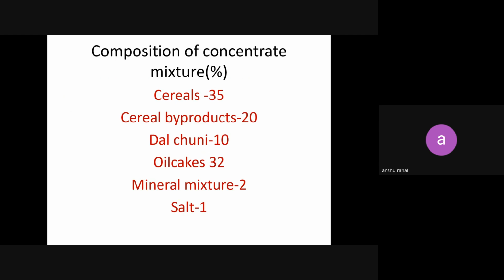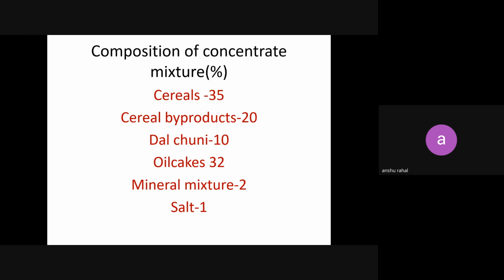Normally, if you are going for preparation of a concentrate mixture, it should include the energy supplements and protein supplements along with the mineral mixture. If you are preparing 100 kg concentrate mixture, then you can select cereal crops.